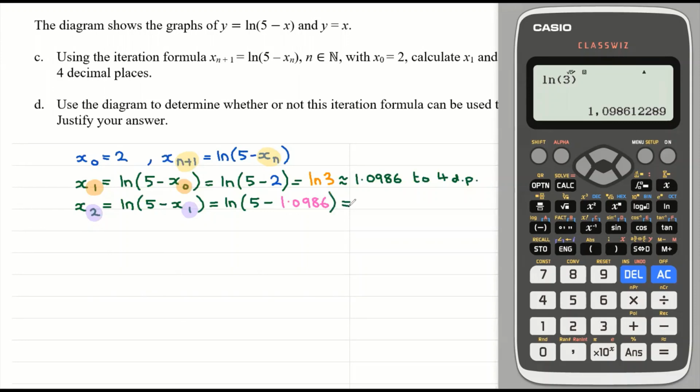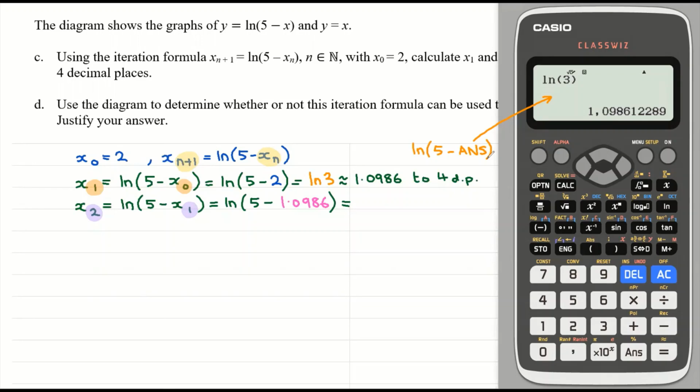So we're going to go to our calculator now. Now we have our answer on our calculator. We can set up our iterative formula on the calculator. So let's just think how to do it. So we want to create the iterative formula. So it's simply going to be the natural log of 5 subtract the answer. Okay, hope that makes sense.